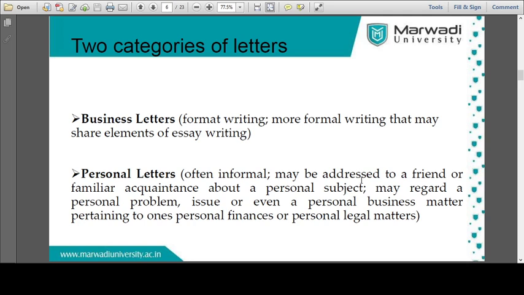Now there are two categories of letter writing. First is the business letter and another is the personal letter.